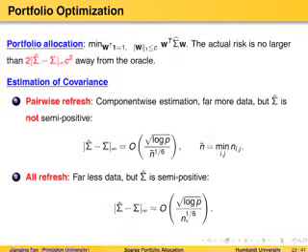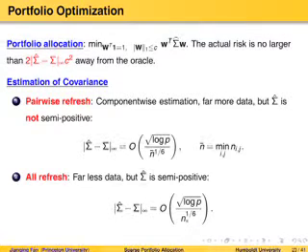Once you do that, you don't even need to bother whether it's positive definite or not. This mathematical problem can always be well formulated. And whether the solution is unique or not, the actual risk is no larger than this away from the real one. Think of C equal to 1 or C equal to 2. So with a finite sample, it doesn't matter whether it's positive definite or not.